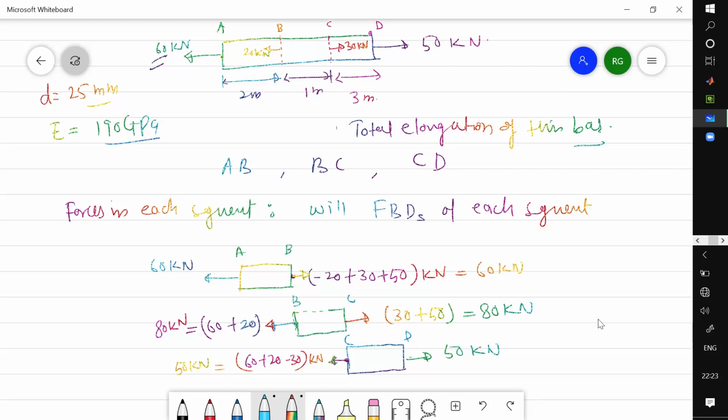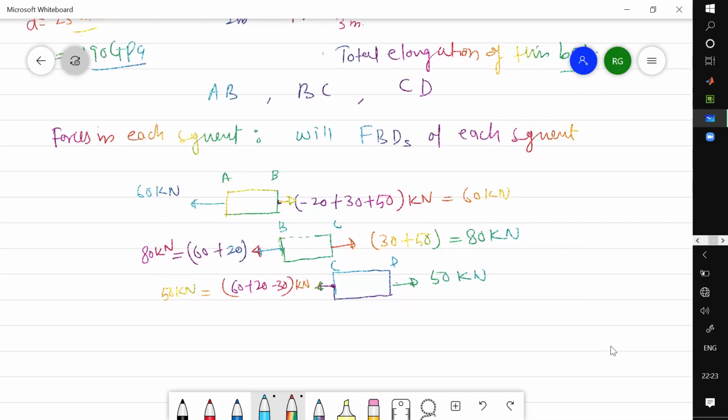Now we can find the elongation of each segment. That would be easy. For the elongation of the first segment AB, delta L of AB is P of AB times L of AB over the cross sectional area of AB and E of AB.